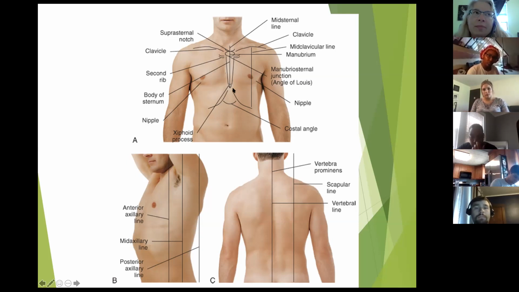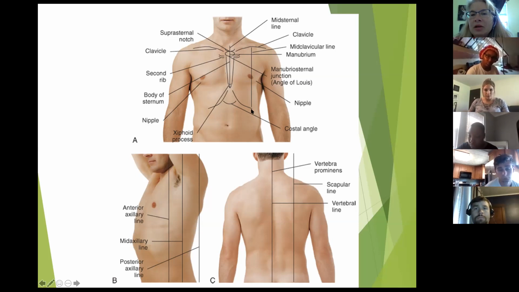Then if you think about when we talked about apical pulse last week in clinical, we talked about that your apical pulse is in the midclavicular, so here's your clavicle, mid-clavicular line.